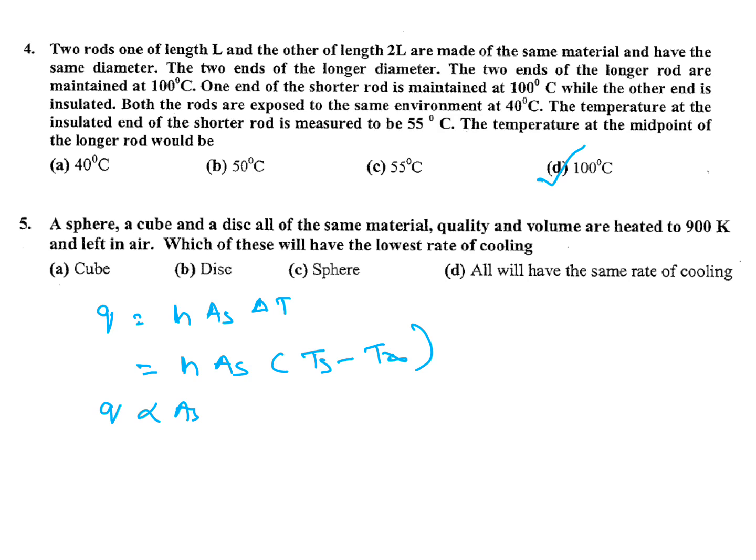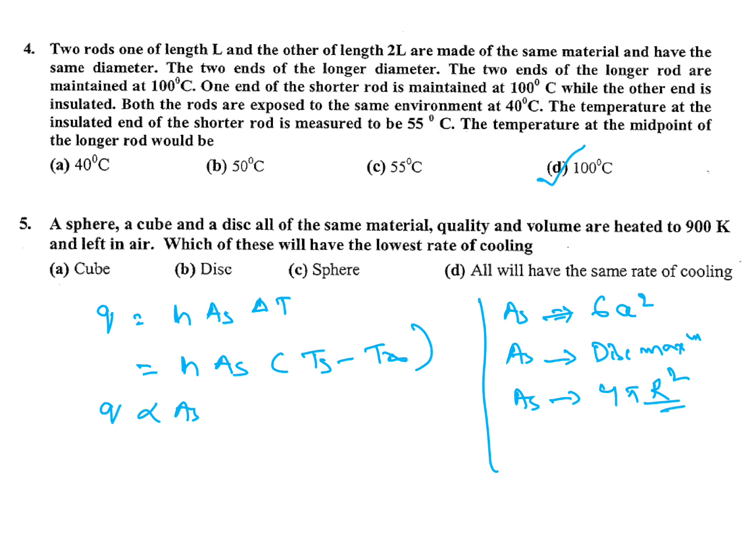We'll check As. As for cube is 6a square, and for disc it is maximum. As for sphere is 4 pi r square.